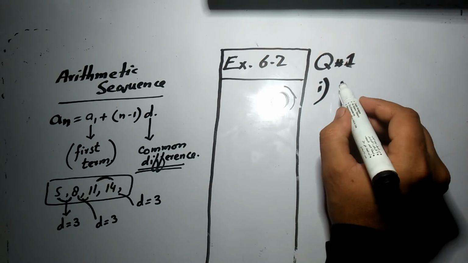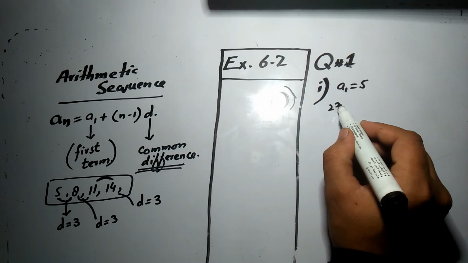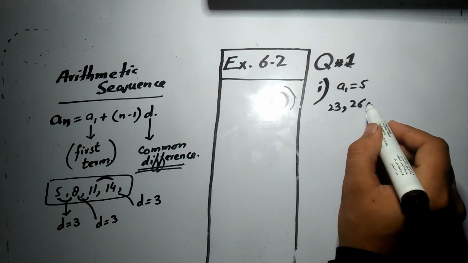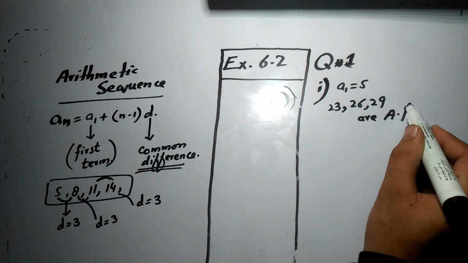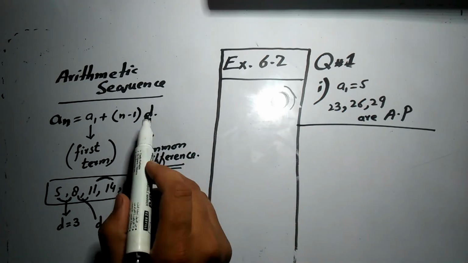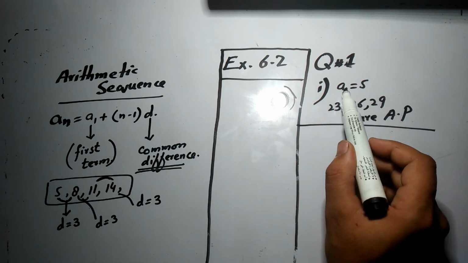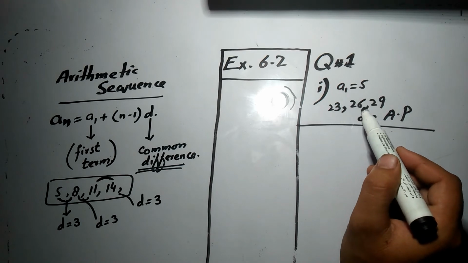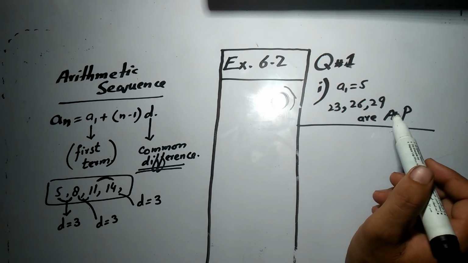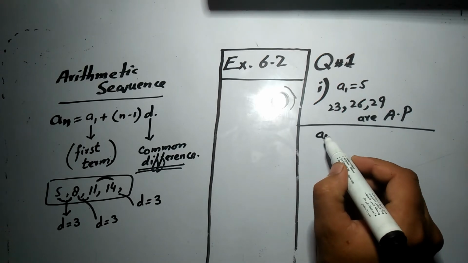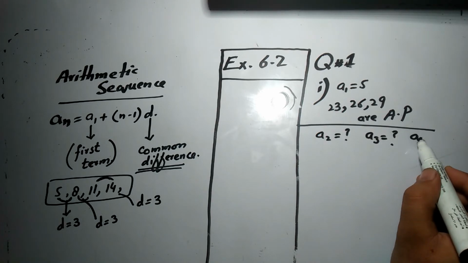The first part is given as a1 is equal to 5 and 23, 26, 29 are terms of an arithmetic progression. We can also say arithmetic sequence or arithmetic progression. So we have to find a2, a3 and a4.